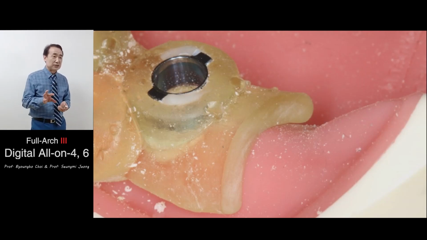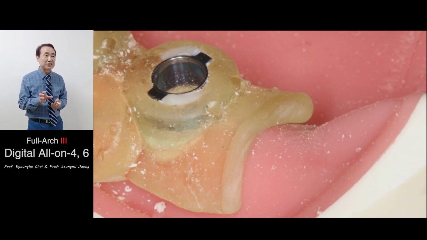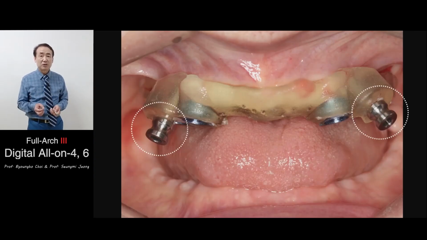You can see here the 2 anchor screw fixation method fixes the surgical guide more precisely. We would like to recommend using this 2 anchor screw fixation method.